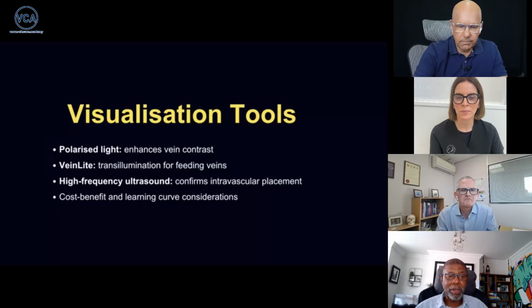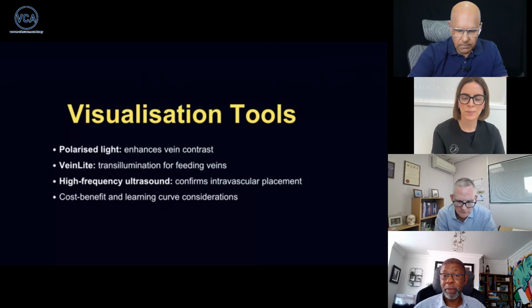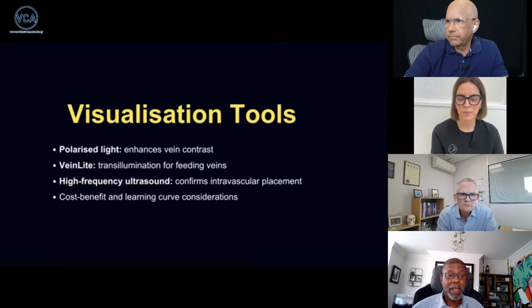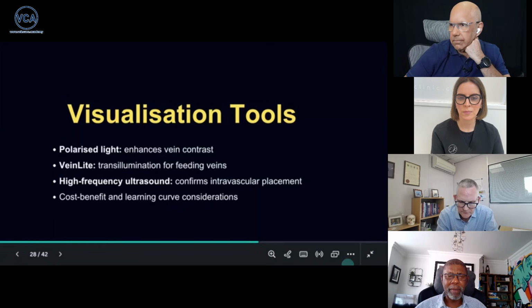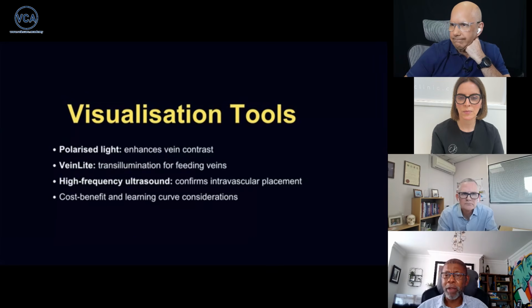Certain things can be used if you're looking for the feeding reticular veins, things like Veinlite, which is a transilluminator, works well. You can also use near-infrared imaging to look at the reticular veins, or if you have it, high-frequency ultrasound.